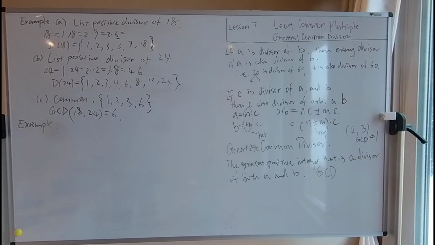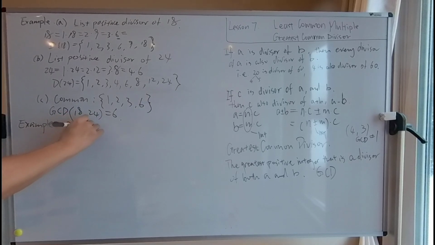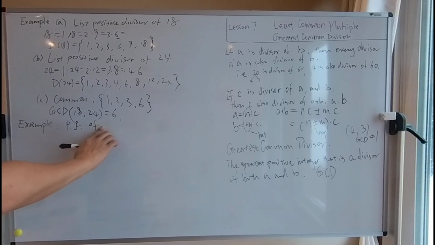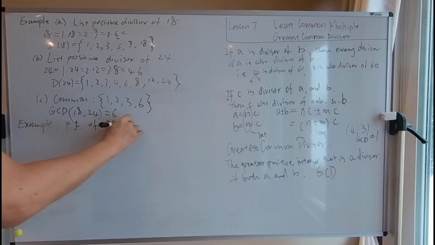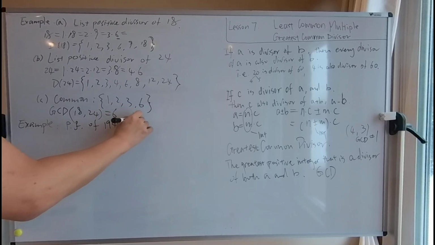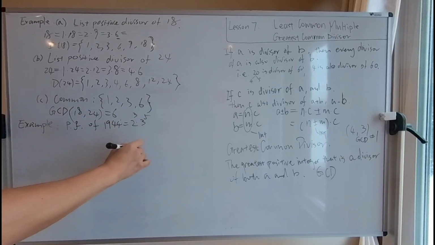The next, let's check the prime factorization and check whether the following numbers are divisors of that number. The prime factorization of 1944 is 2 cubed times 3 to the 5th power.